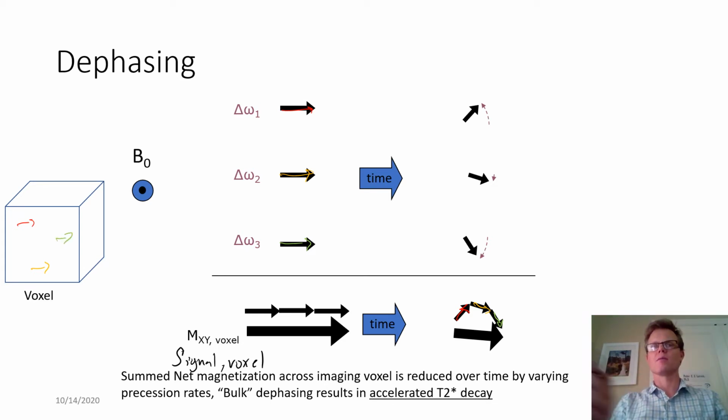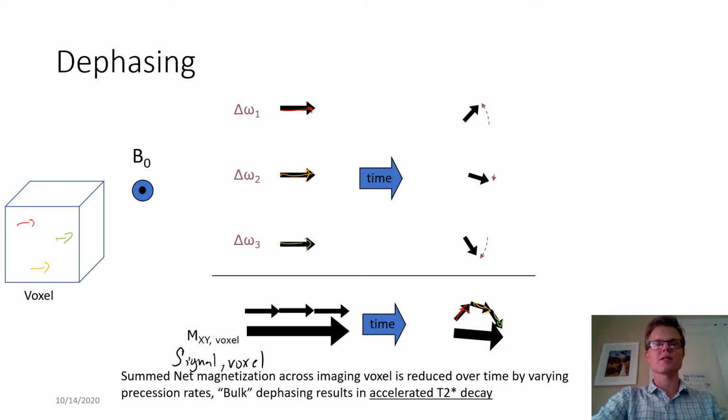So we can't measure these individual net magnetizations I've drawn at these different locations. They're just going to be summed together in our image, and we're going to get this dephasing from these net magnetizations pointing in different directions that leads to this accelerated decay.